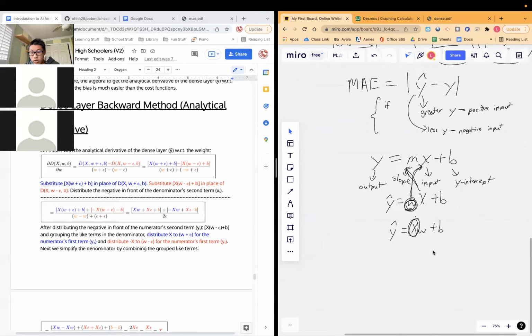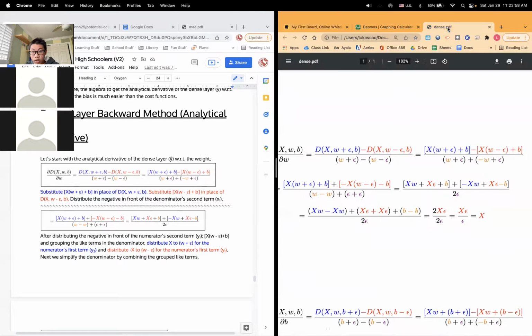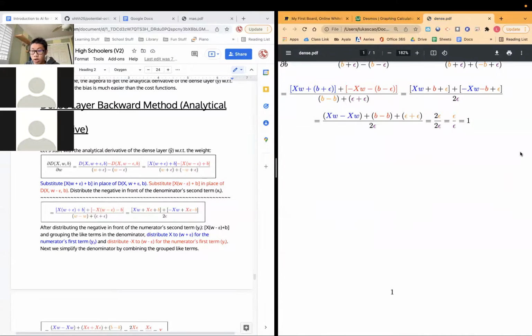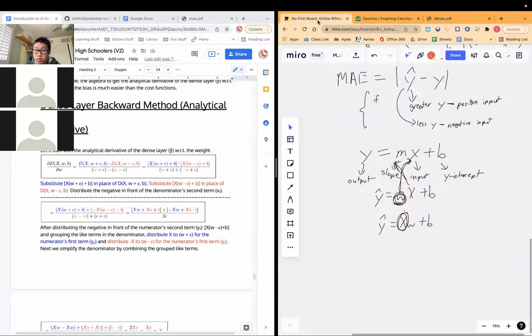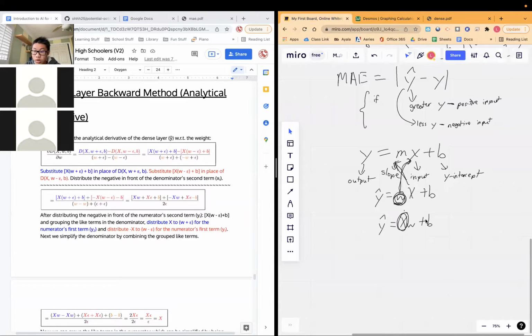For the bias, it's really easy. What you end up getting is just 1. The reason is, if you slightly increase b, say by 1, how much is your output going to increase by? 1. How about if you increase the bias by 2?